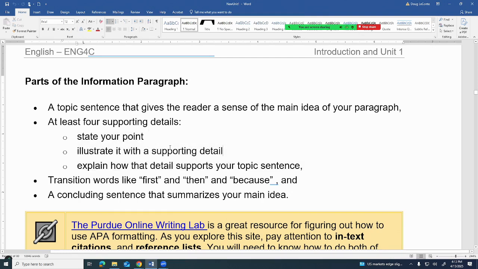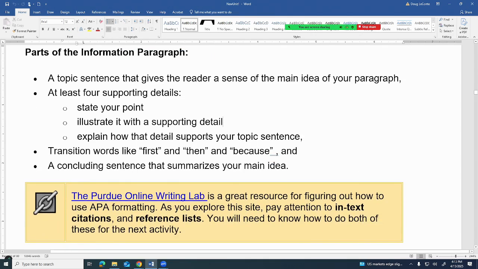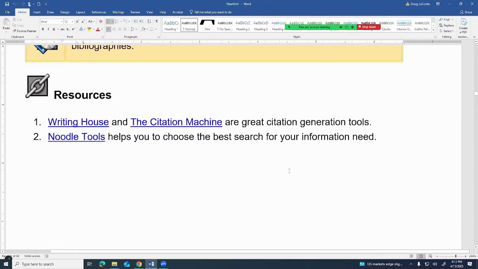So you give an example, maybe. Explain how the detail supports your topic sentence, always referring back to that topic sentence. Transition words like first and then and because, and a concluding sentence that summarizes your paragraph.